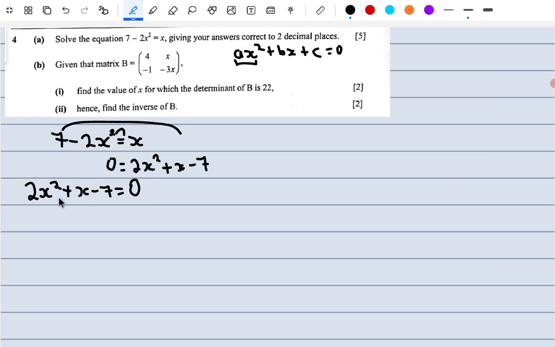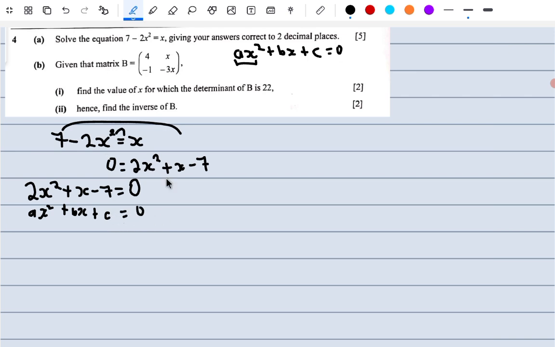This is now in the form: this is a, then x squared plus, there's an invisible 1 here which is b, and then x plus the c, which is negative 7, is equal to 0.